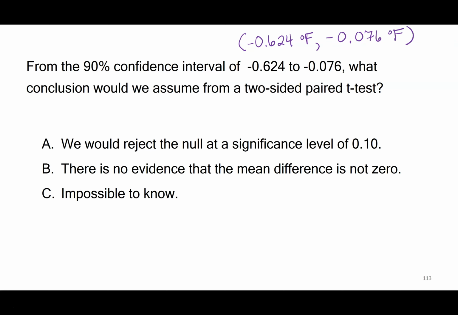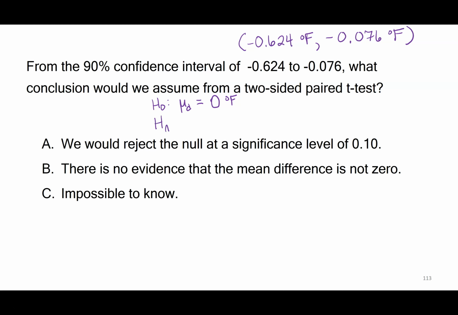We want to decide what conclusion we would reach from a two-sided paired t-test. Remember, by default, unless it's a really weird scenario, the difference is pretty much always going to be 0. If the two thermometers on average were giving the same reading, the average difference would be 0 degrees Fahrenheit.